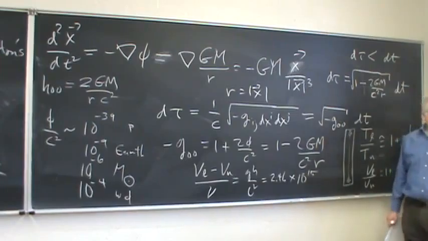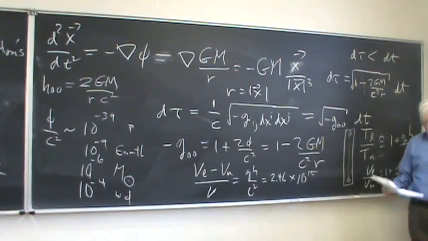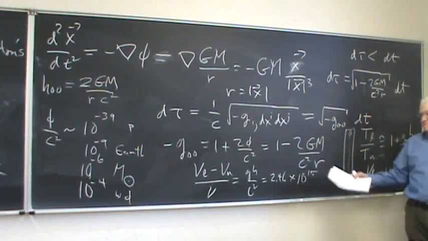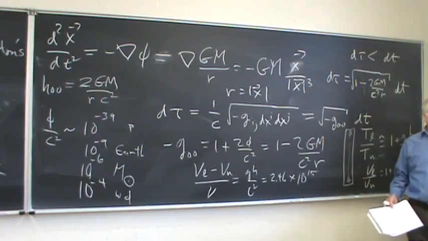That was so small a number that they had to use the Mossbauer effect. With modern technology, people at NIST with atomic clocks can observe this time dilation very simply.